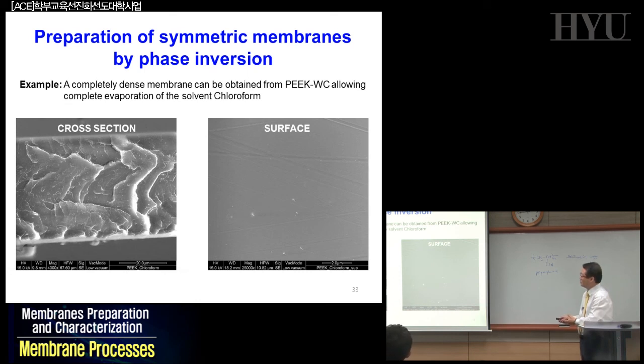The cross section is very typical, and this was made from PEEK, polyether ether ketone, with some novel crystalline material, and used chloroform as a solvent. They can just evaporate the chloroform and make the films. Surface and cross section do not have any pores. This is an example of dense films.